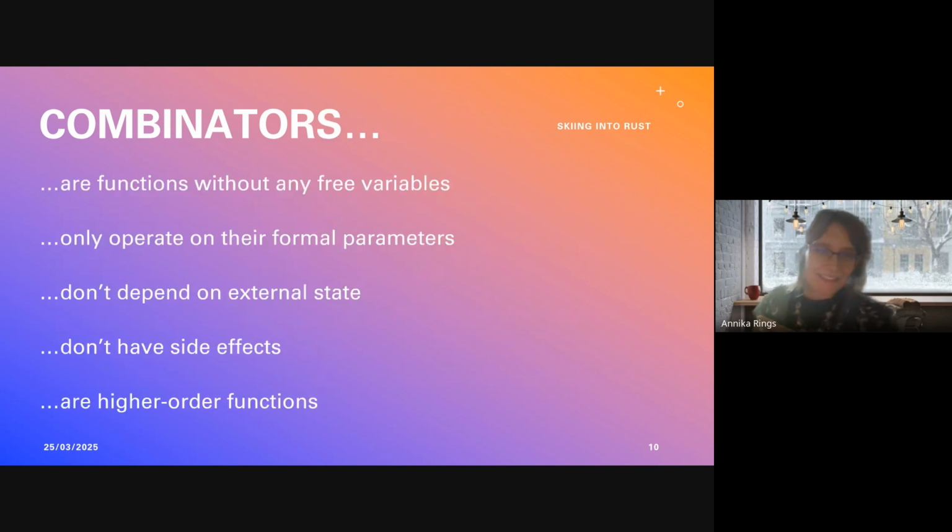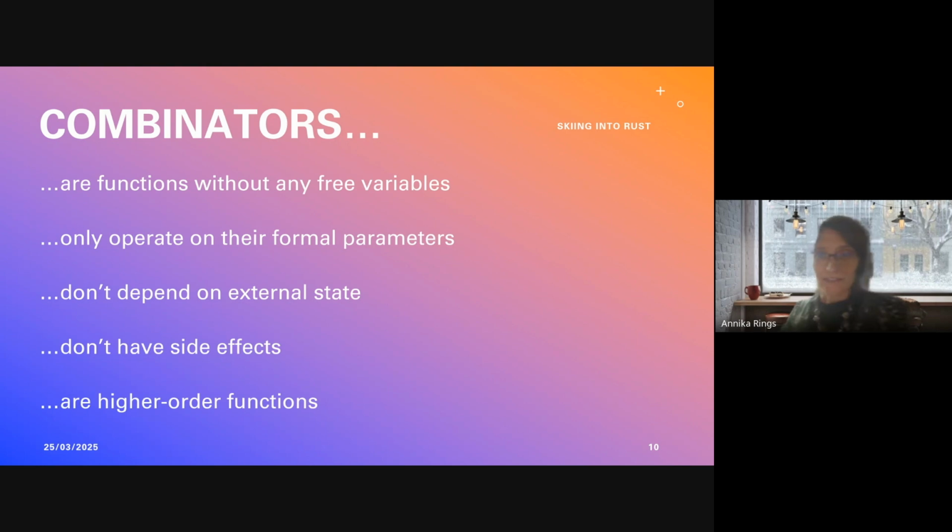So a combinator is a special type of function that doesn't have any free variables, which is a bit jargony. This term is not usually used so much in programming. It basically means it only operates on its formal parameters and doesn't depend on any external state, and it doesn't capture any variables from the environment, and it doesn't have any side effects.